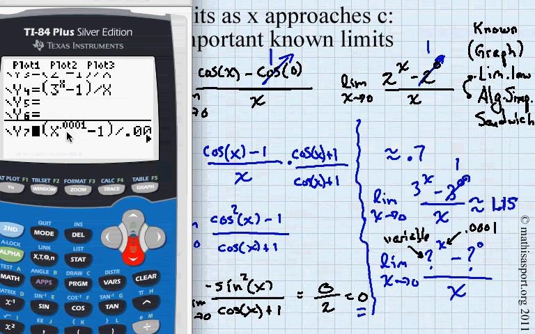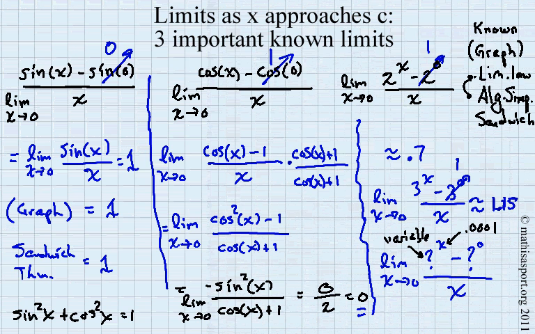I've replaced x not with the limit as x goes to 0, but a number very close to 0 by some measure, minus 1 over that same number that's very close to 0. Wherever we see an x, we're going to put in a 0.0001.